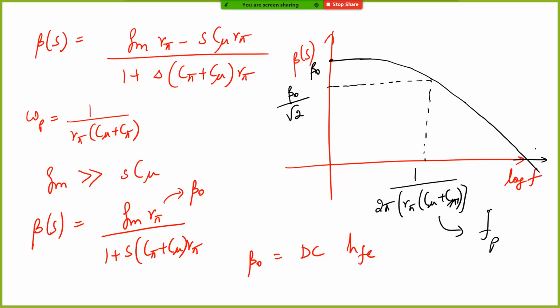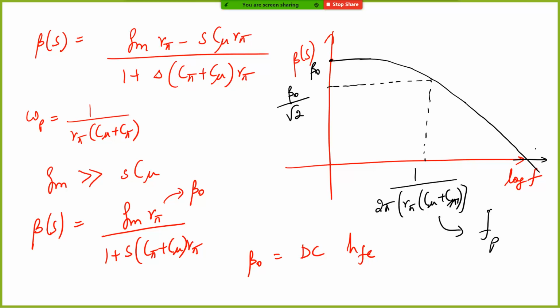Now when does it become beta equal to 1? Because if beta equals 1, beyond that there is no point using the transistor at all. It's absolutely useless because it means base current equals collector current. You don't have any current amplification whatsoever. That particular parameter has got some interest. In fact, that is what you would see in most data sheets as well.